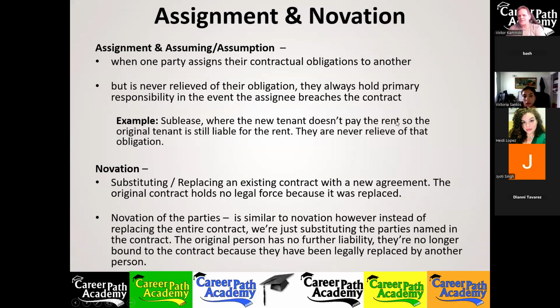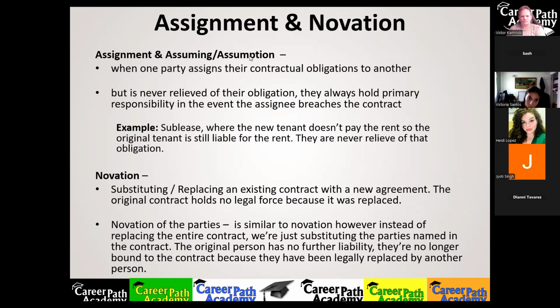So, assignment and assumption of a contract.